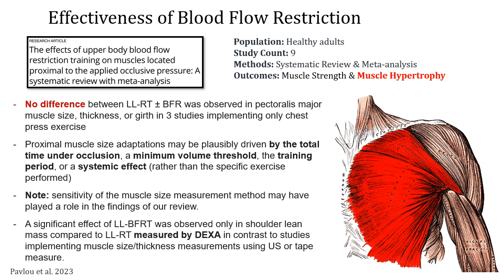In contrast, some of the other studies only looked at this with ultrasound or a tape measure, which is really just kind of too gross of an assessment to really be confident that those size changes or circumference changes are really truly due to lean tissue changes.